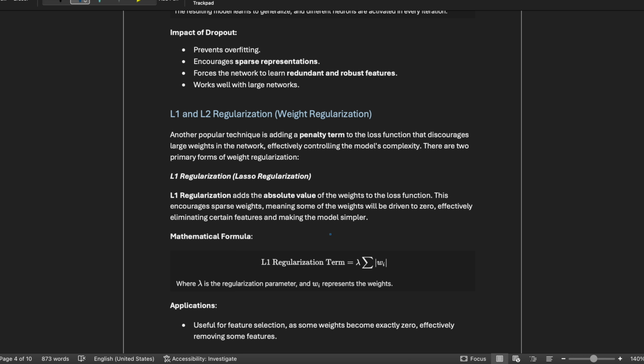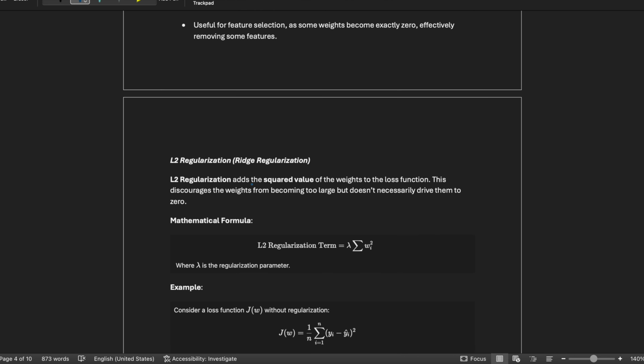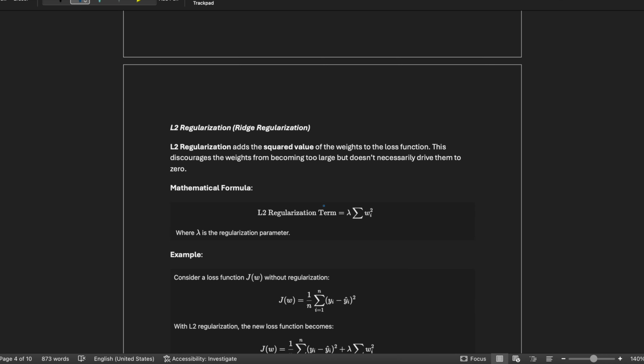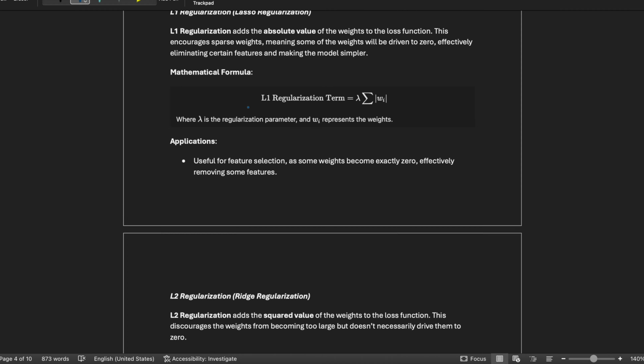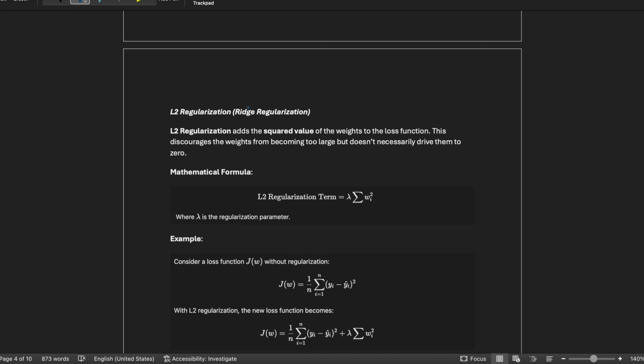Actually, we can say that there are three types. We have many types, but we focus on L1, L2, and L1 plus L2 regularization, which are held together. And we'll be looking at L2 regularization because most of the time we will be applying L2 regularization only. What happens when we apply regularization is that our weights tend to go to zero.